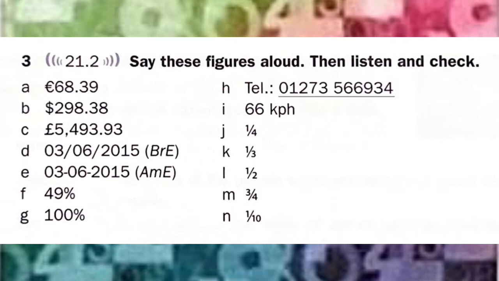F, 49%. G, 100%. H, Telephone 01273 566 934. I, 66 kilometers per hour.